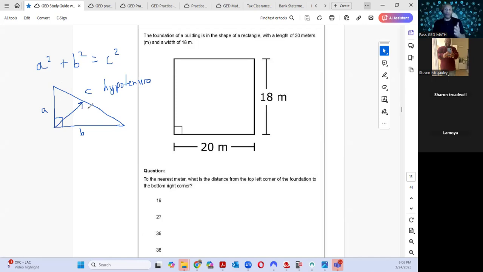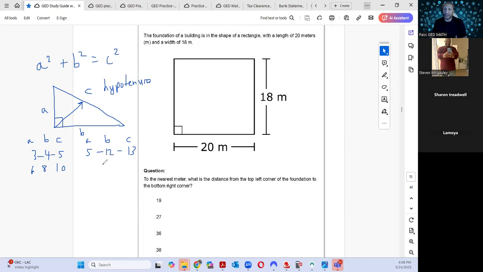Now, there are two special triangles for standardized exams you should know. One is a 3-4-5 triangle. The other is a 5-12-13 triangle. These are the legs and the hypotenuse. It also works for any multiple. So if I multiply the first by 2, I get 6, 8, 10.